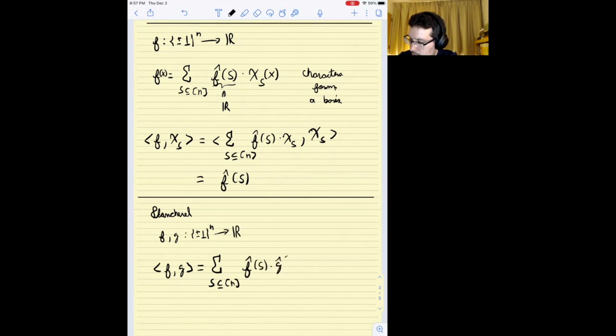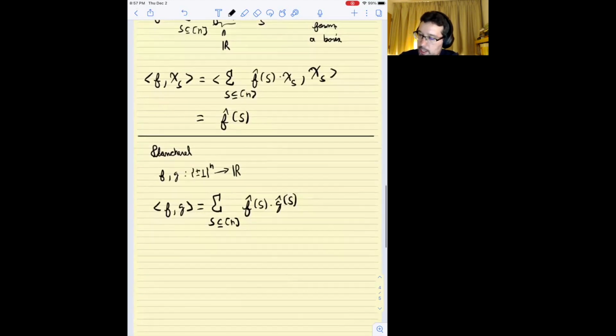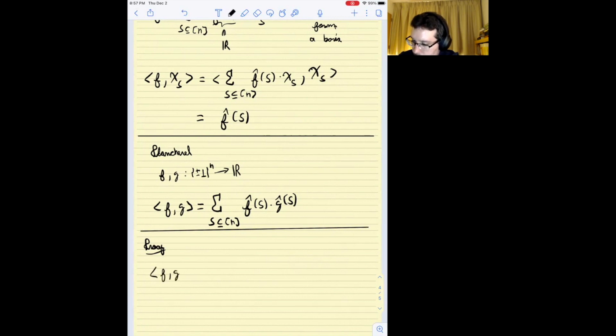That's an extremely useful fact. Sometimes it seems completely trivial from what we have done, but it's extremely handy. And let's see a small proof in this case. So we have f in the inner product with g.